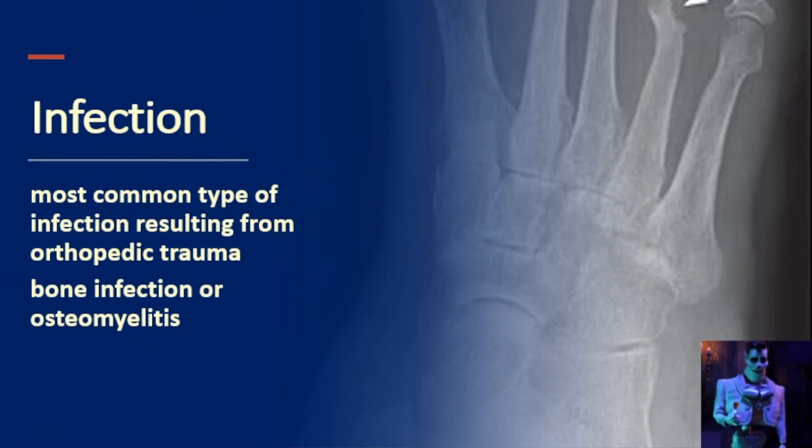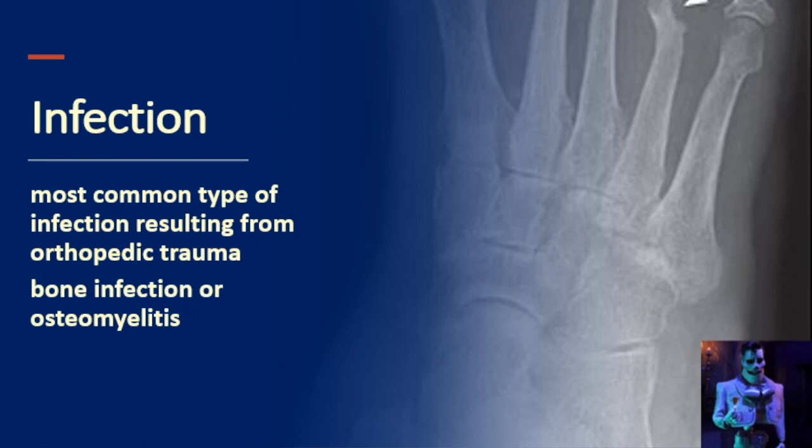Another complication is your infection. Okay, the most common type of infection resulting from an orthopedic trauma is your osteomyelitis. That is your osteomyelitis. So it is most common especially in open fractures, in which the skin integrity is lost, and after the fracture has been repaired.